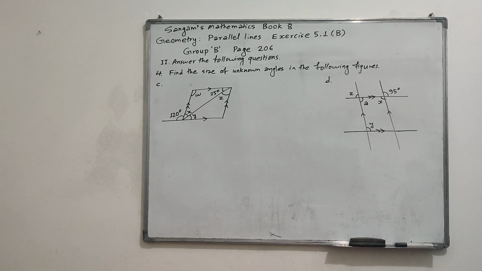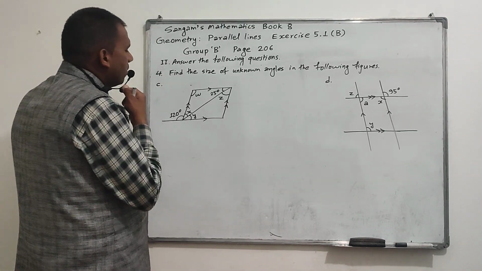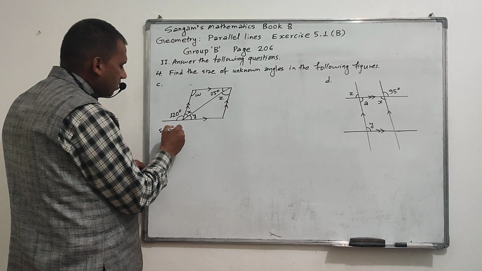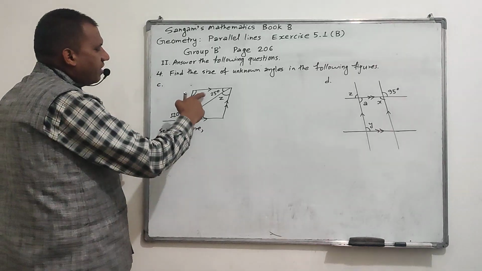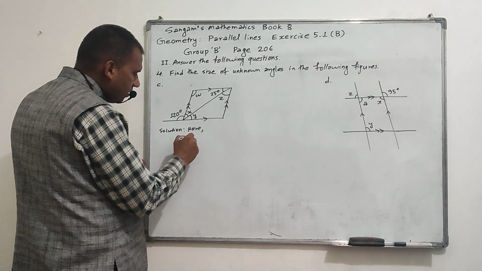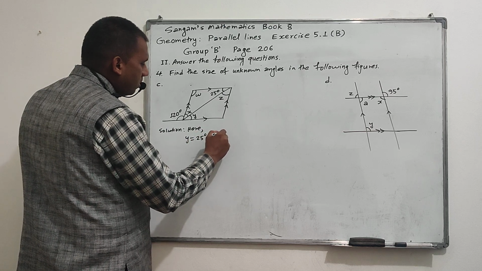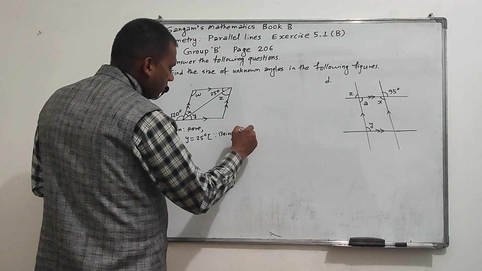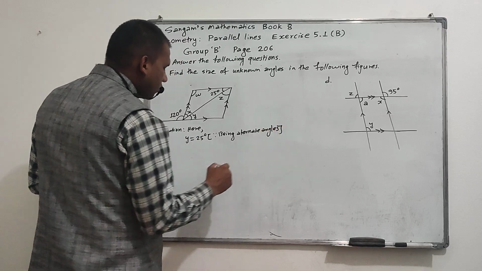Okay students, now next question 4c. In this figure we have to find the values of w, x, y and z. Now its solution. Here this 25 degree and y are alternate angles, so we can write y equal to 25 degree being alternate angles.